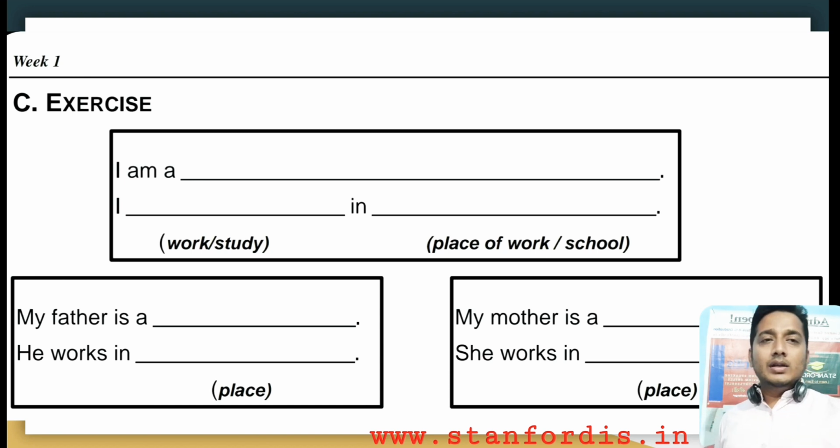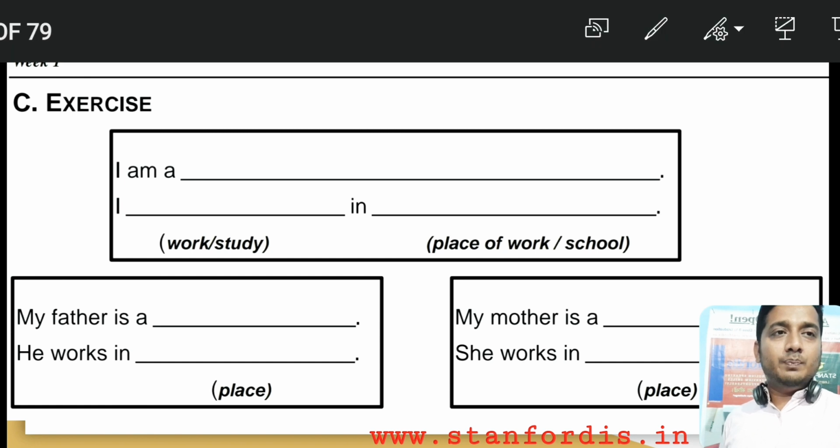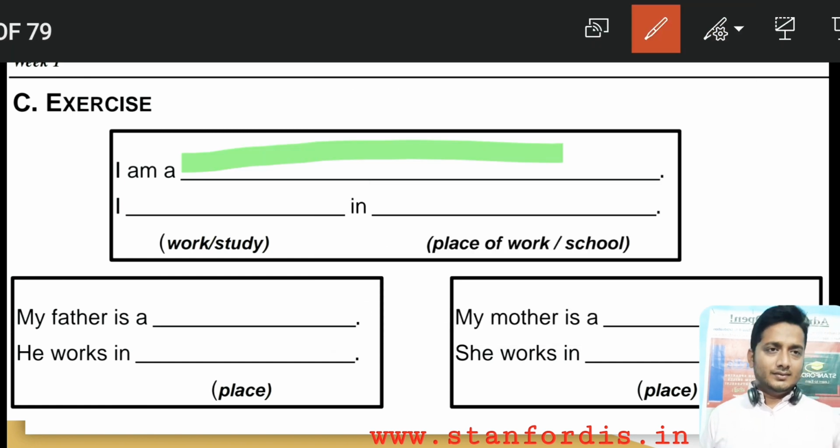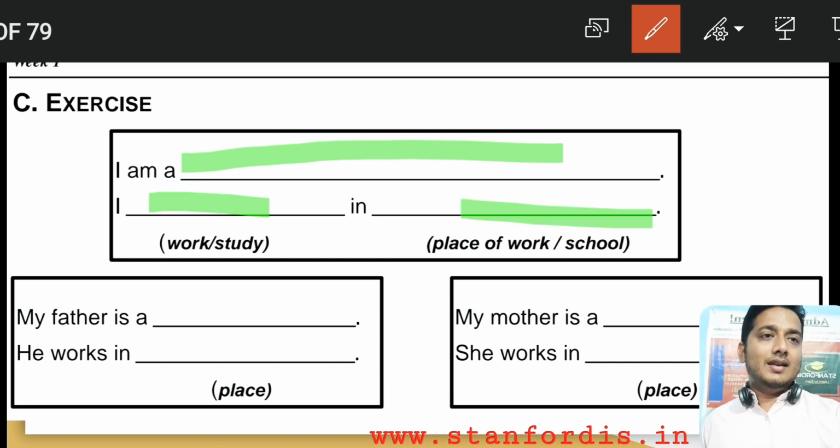Let's have a look. So I'm going to explain what should be here. I'm a doctor. For me, I'm a teacher. I'm a facilitator. I work in Stanfordis. Stanfordis is a place where I'm working.